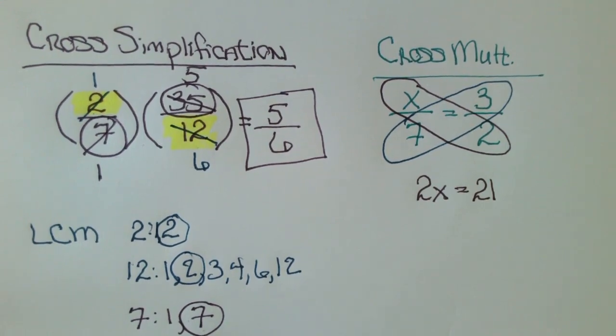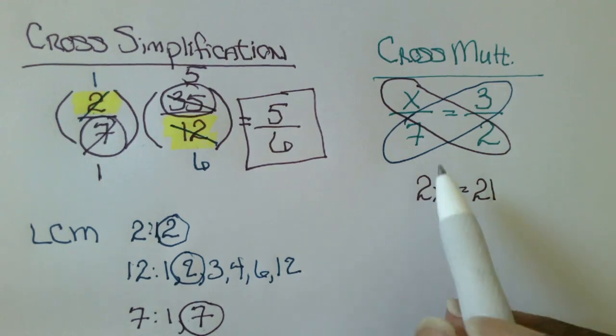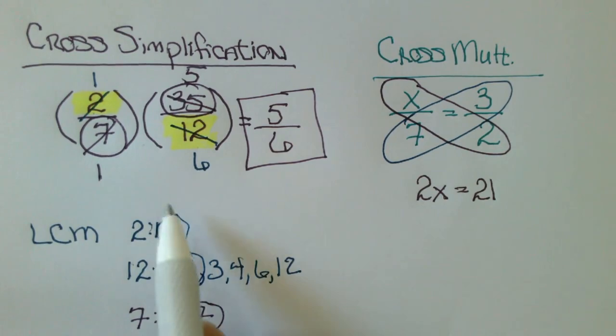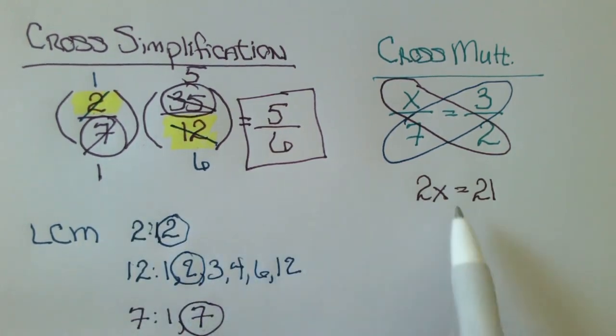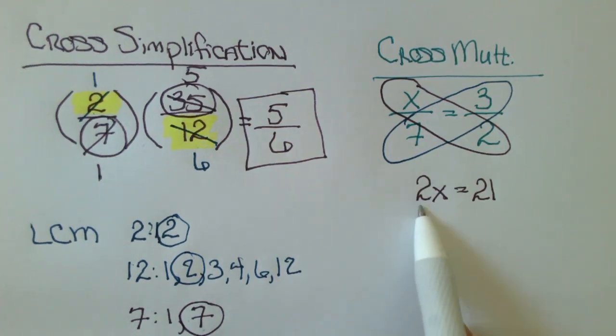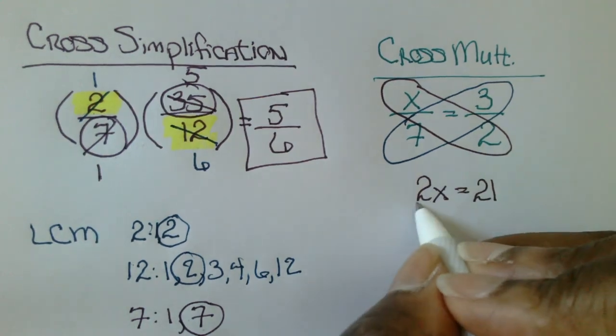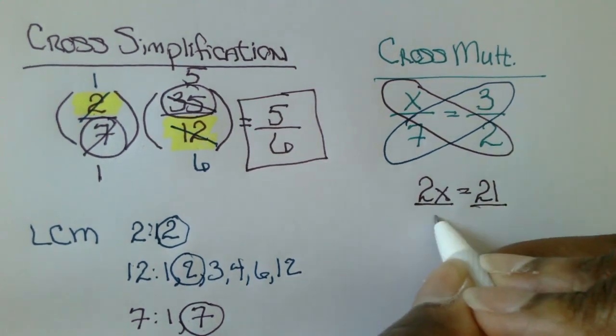Okay, so now we're actually going to solve for x. We're not just simplifying the fractions, we're solving for that unknown variable. So we have 2x, which means 2 times x. The inverse of multiplication is division.